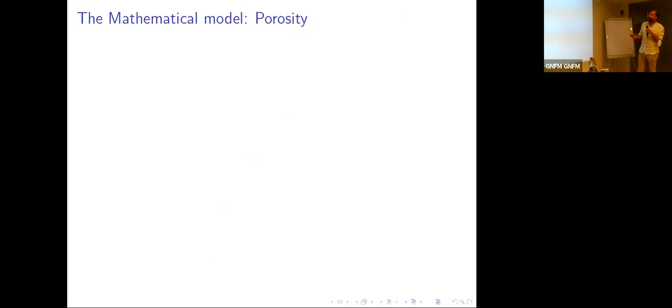Now let us see the equation for porosity. As in the work of Ali and Natalini, we can evaluate the porosity with this equation.